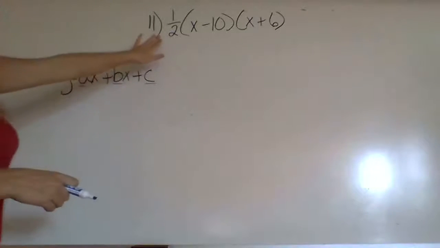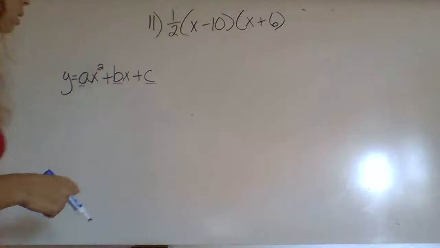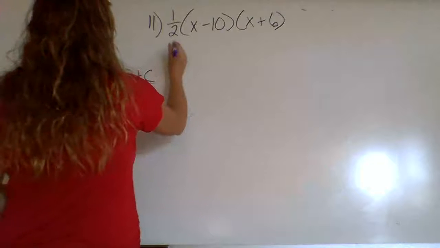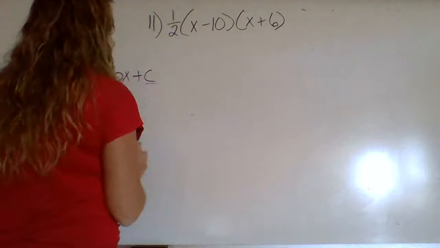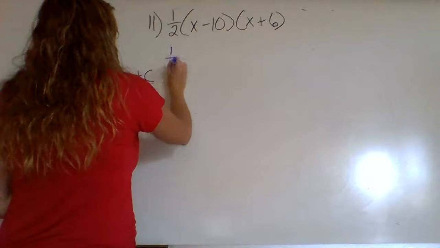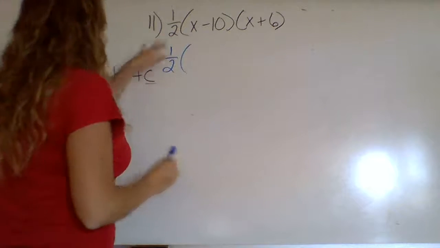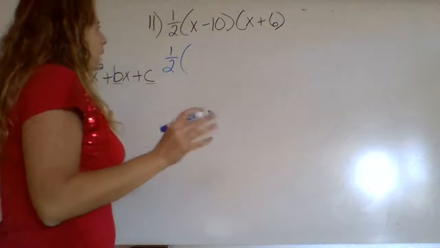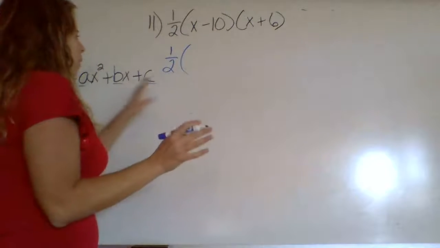I'm going to leave my 1/2 until the end, and then I'll throw it in there. I'm going to do it last. If you want, you can distribute 1/2 first, and then go from there. But I'm going to do it last.